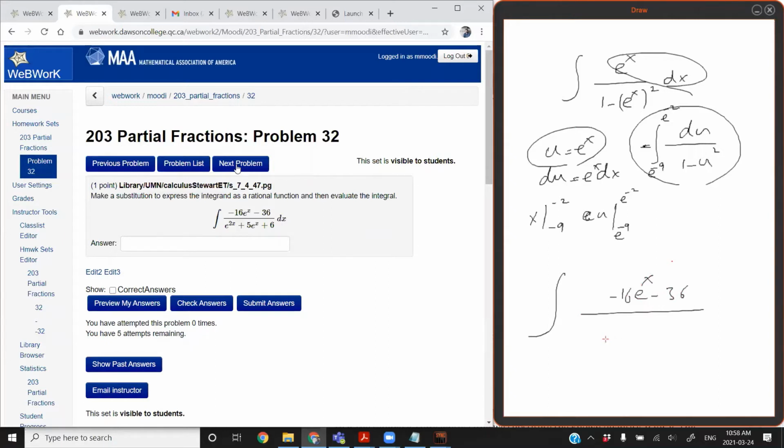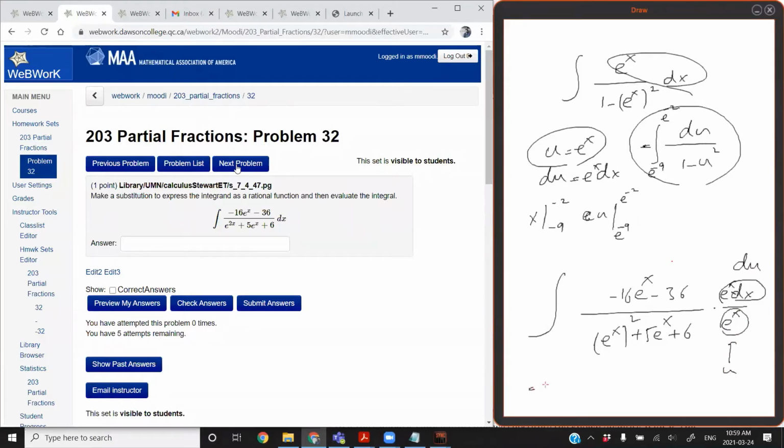At the bottom, you can write it as e to the power of x to the power of 2 plus 5 e to the power of x plus 6. And then here, you would need e to the power of x dx, and at the bottom, you need e to the power of x. That is, you multiply by e to x and divide by e to x, okay? Because that then will be du after, and this one will be u.